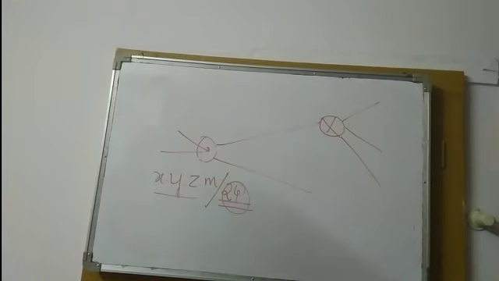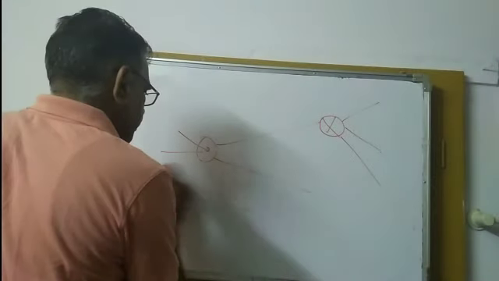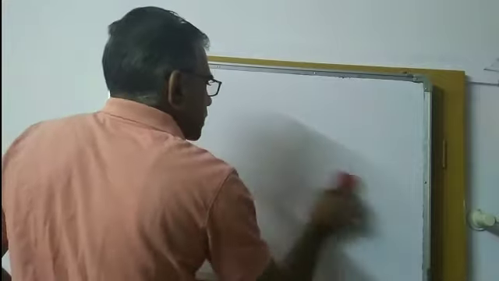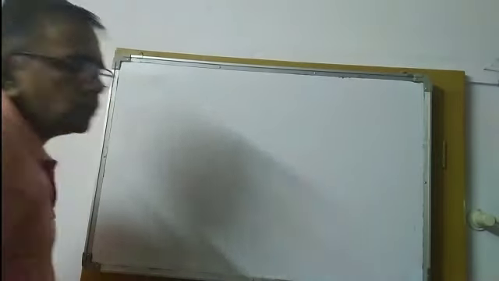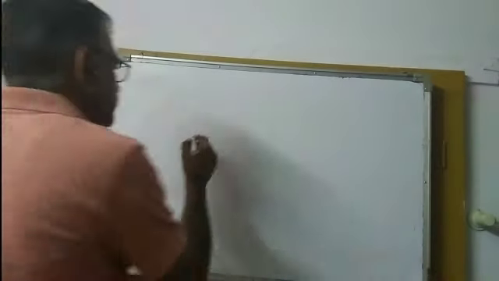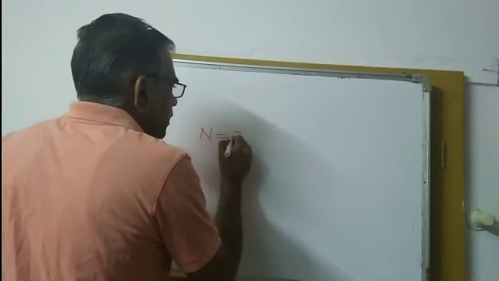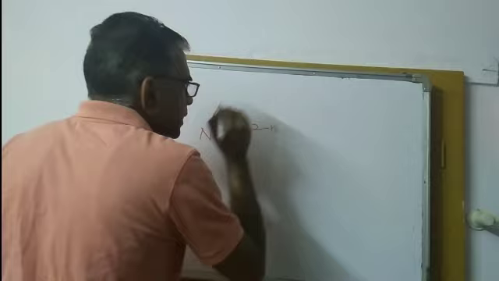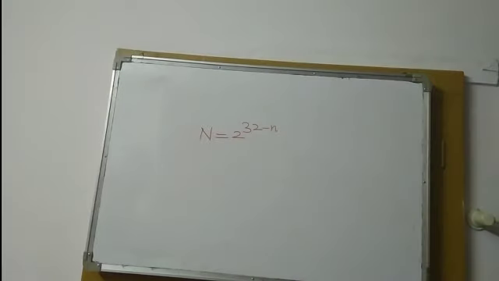To find the number of addresses in the block, N equals 2 raised to 32 minus n, where capital N represents the number of addresses present in the block, and small n is the number of bits in the prefix.